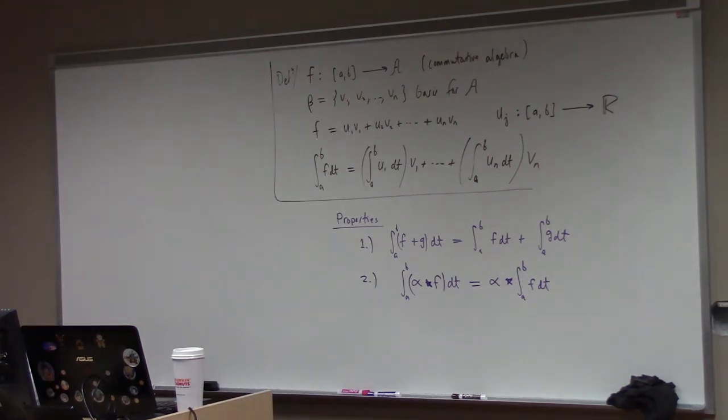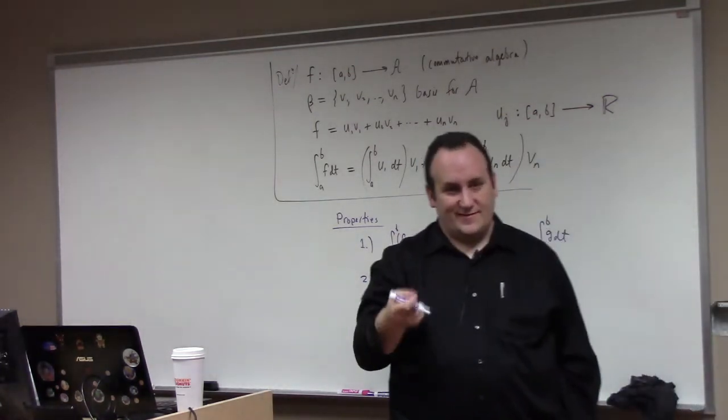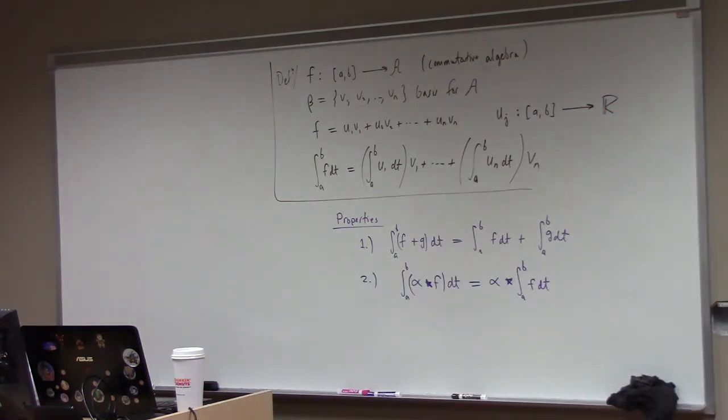So when we integrate alpha times f from a to b over t, by definition, that's the sum k equals 1 to n of the integral of c_ijk alpha_i u_j dt, times v_k. But then there are structure constants, so we can pull those out. And alpha sub i, that's the ith component of alpha, is also a constant, so it pulls out.